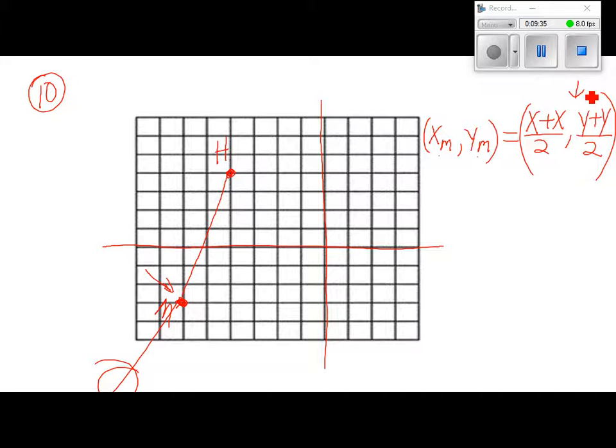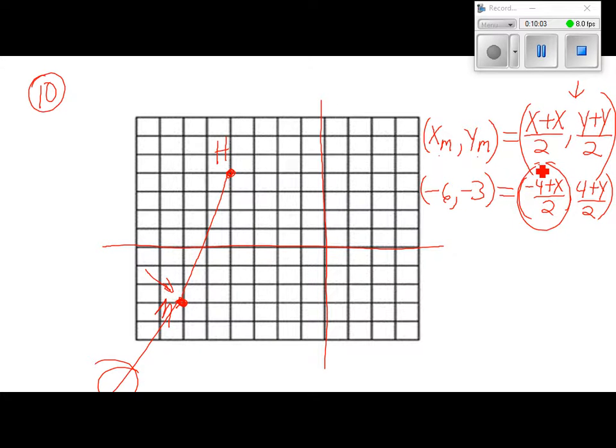So this time they tell us M is the midpoint, and the x coordinate of the midpoint is negative 6, and the y coordinate is negative 3. And then they tell us one of the endpoints has an x coordinate that's negative 4. So I'm going to put negative 4 plus x divided by 2. And the y coordinate is positive 4, so 4 plus y divided by 2.